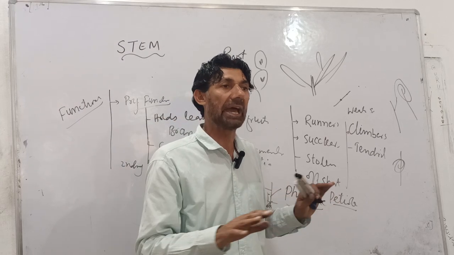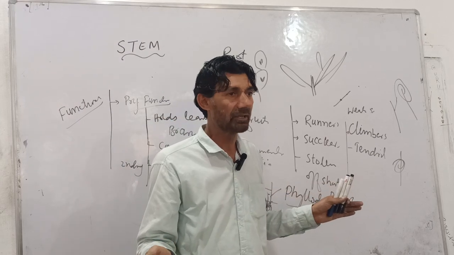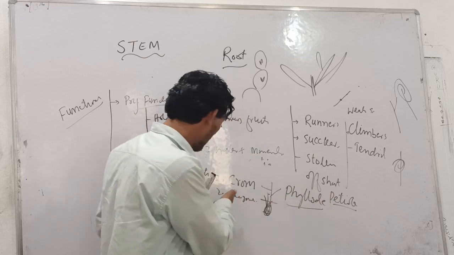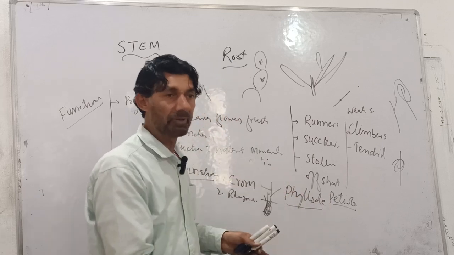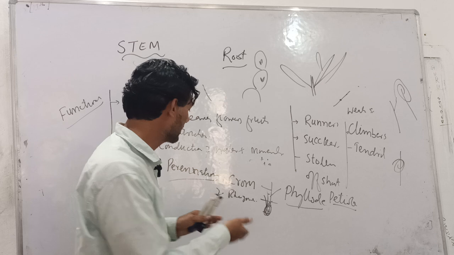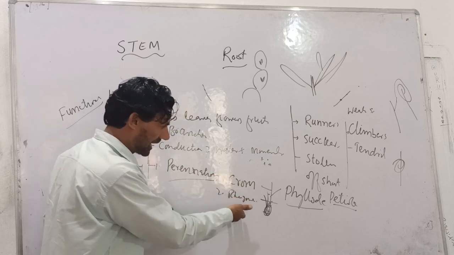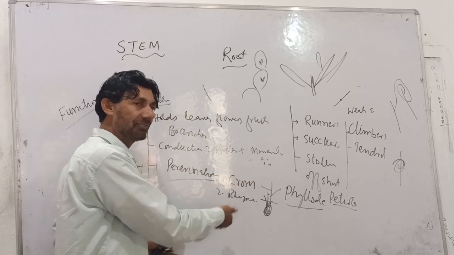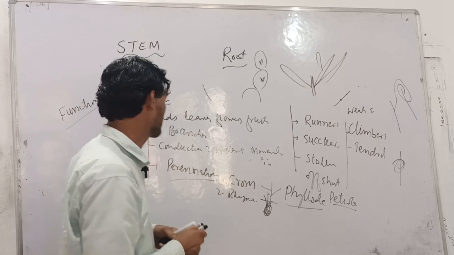The whole aerial part of the plant is destroyed, but the underground part survives. During favorable conditions, adventitious roots and leaves arise from this underground part. This process is called perennation.